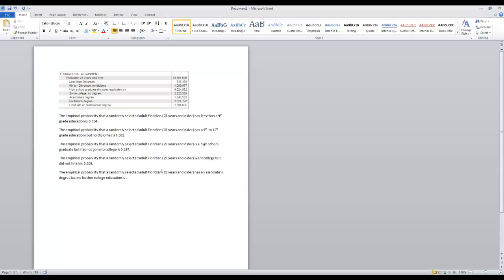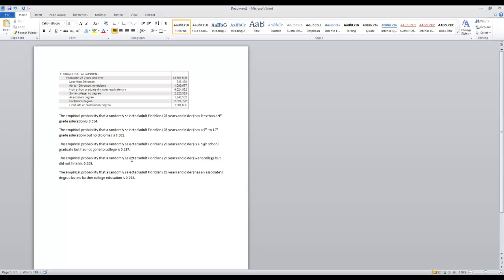How many people are in that category? It's that 1.2 million figure. So 1,242,532 divided by the whole, which is 13,561,596, and that decimal number is 0.092, so 9.2%. Getting close to being done here.